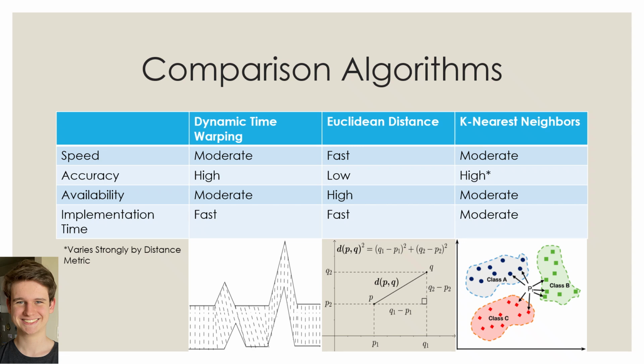DTW's resulting similarity score is the sum of calculated distances at every point of comparison. The method of calculating distance can vary. We're using Euclidean distance, which takes the Cartesian coordinates of both points and measures their distance as the hypotenuse of the right triangle formable between them.